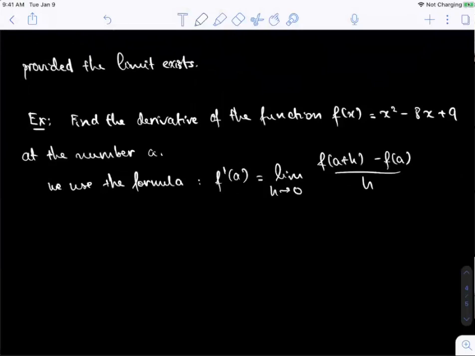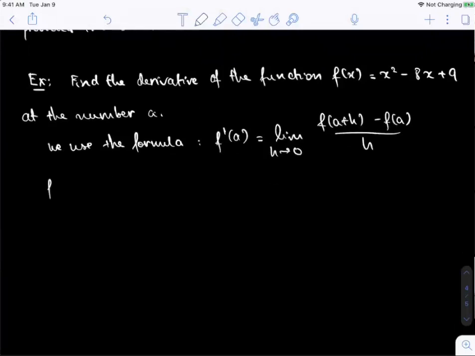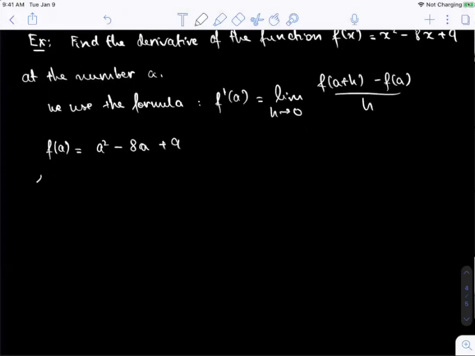So for this, I'm going to write out what is f of a. Before I even start substituting everything into the formula, I'm just going to write down f of a. So f of a is, of course, a squared minus 8a plus 9. And what is f of a plus h? This is a plus h squared minus 8 times a plus h plus 9.